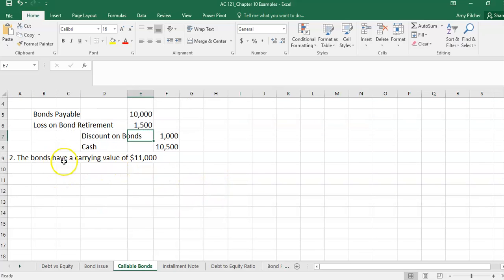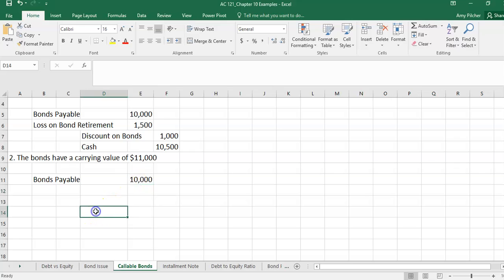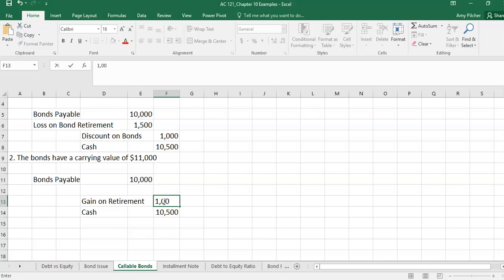If the bonds have a carrying value of $11,000, we then have a premium. So we still have the bonds payable on our records at $10,000, and we still have to pay cash of $10,500. But now we have a gain that we need to record of $500.